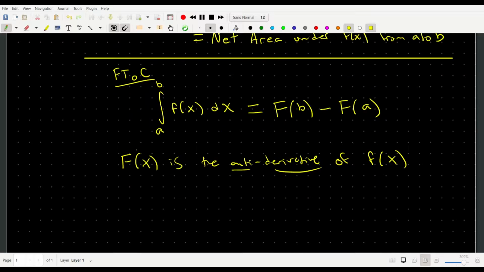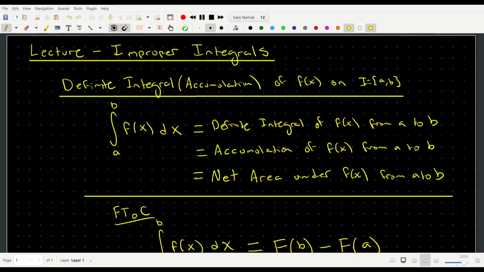In your Calculus 2 class, you probably saw many different methods of computing this definite integral, such as substitution, integration by parts, partial fraction decomposition, and trigonometric substitution. These are all very important to know and understand when calculating improper integrals as well.